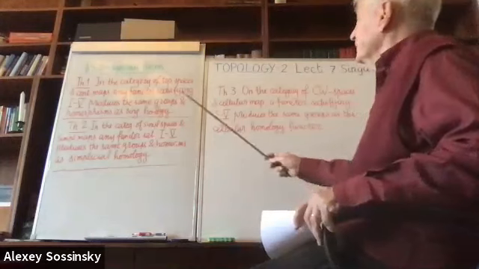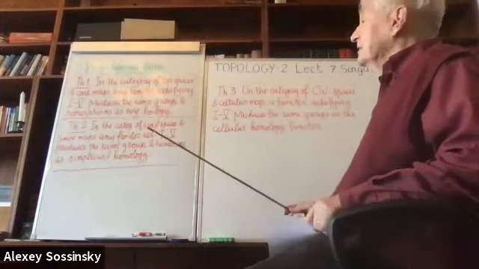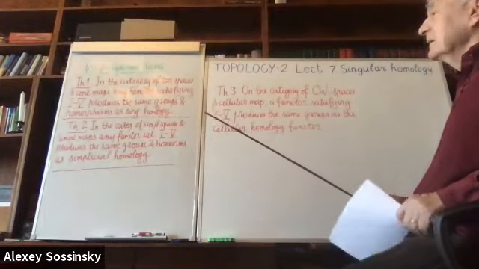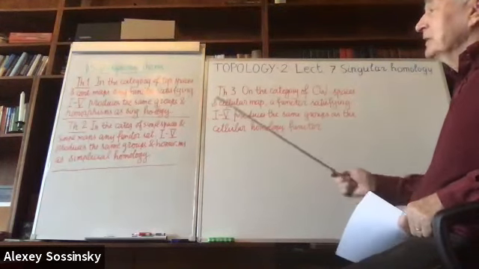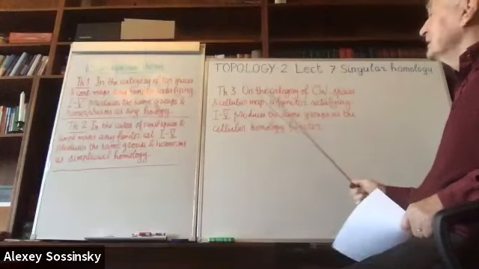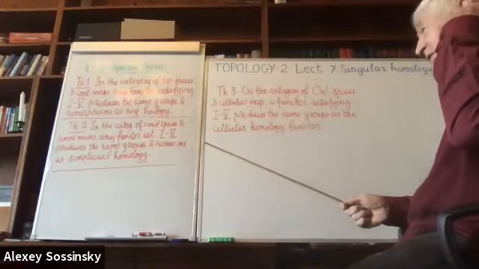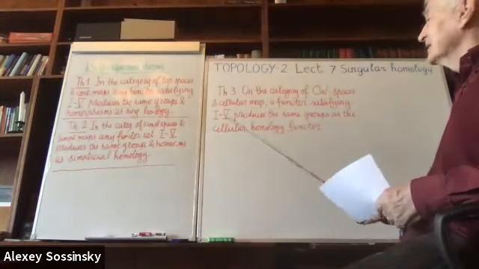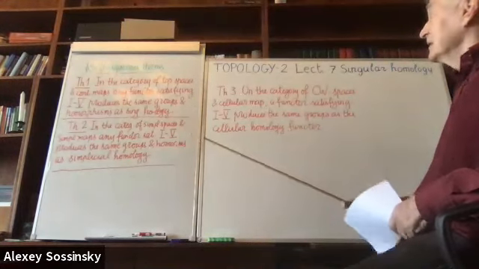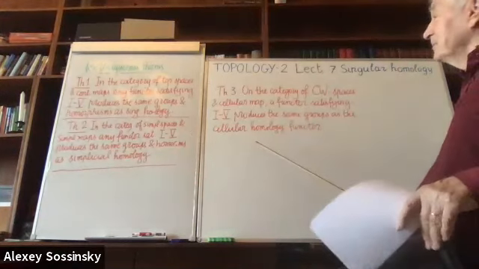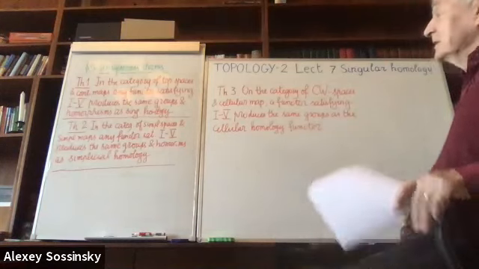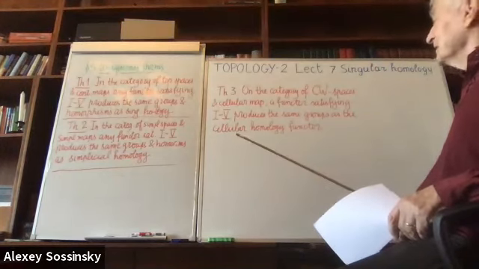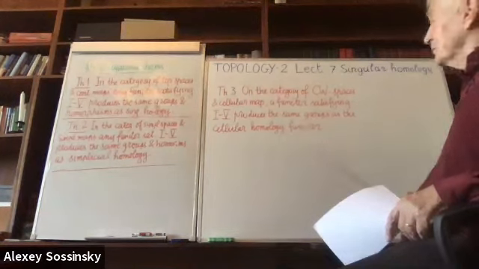Now, a corollary of these three theorems is that any two of the three theories that we have constructed, namely singular homology, simplicial homology, and cellular homology, when we consider them on spaces where they're both defined, give the same results.